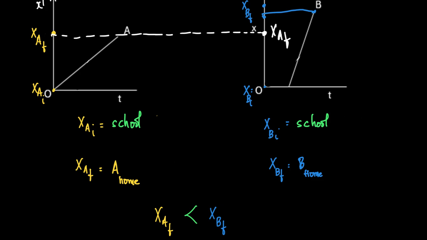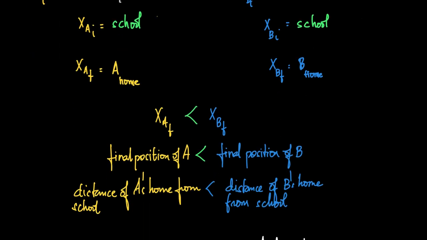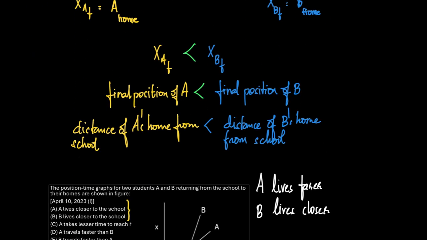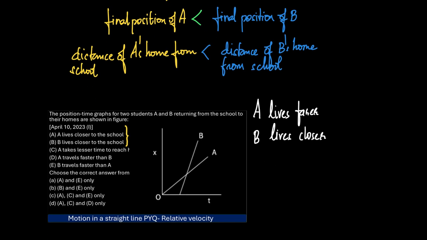Okay. So xbf is greater than xaf. Therefore, final position of B is greater than final position of A, which means distance of B's home from school is greater than distance of A's home from school. Or in other words, this means that A lives farther and B lives closer.